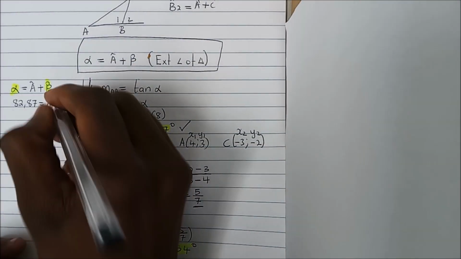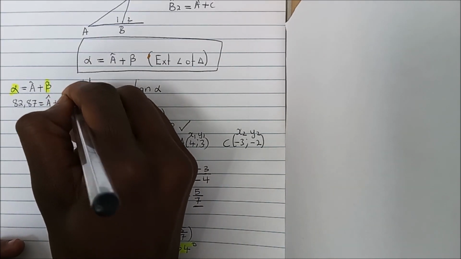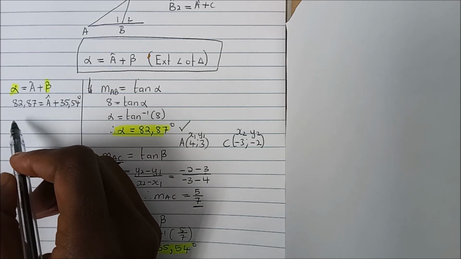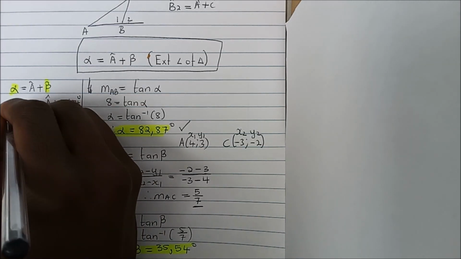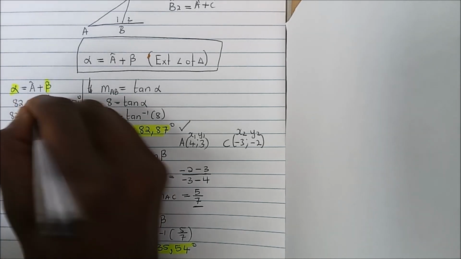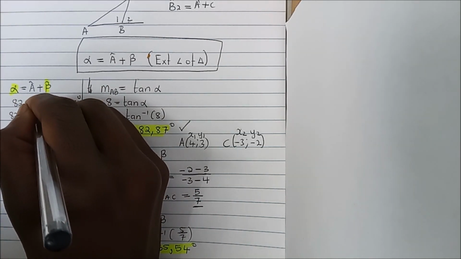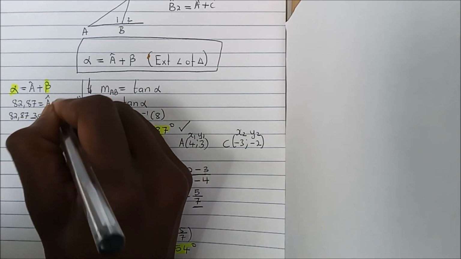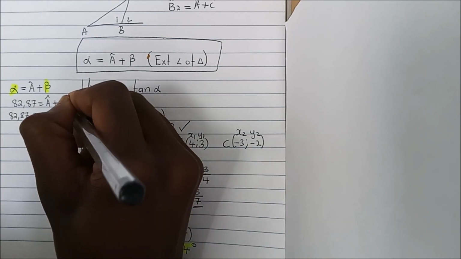So we will have 35.54 degrees. And then transposing, we will have 82.87 minus 35.54 degrees equal A.